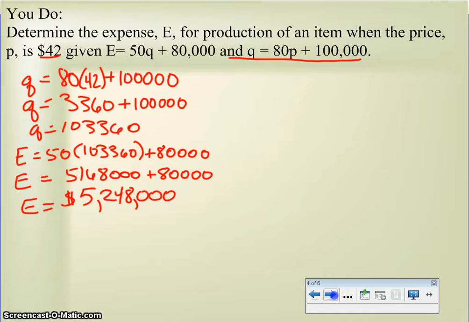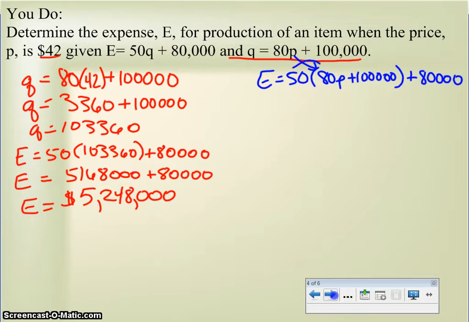Using method 2, let me change pens here. I've got E equals 50 times, I'm going to plug into Q, so I have 80P plus 100,000 plus the 80,000.